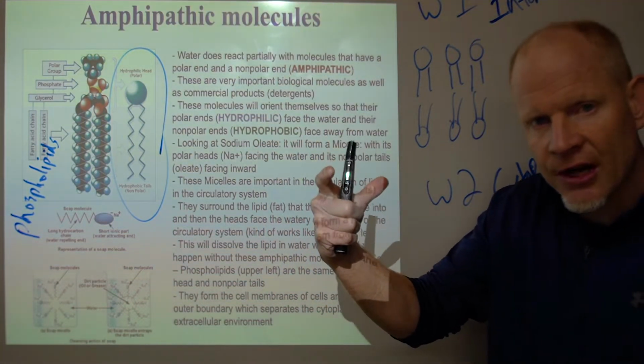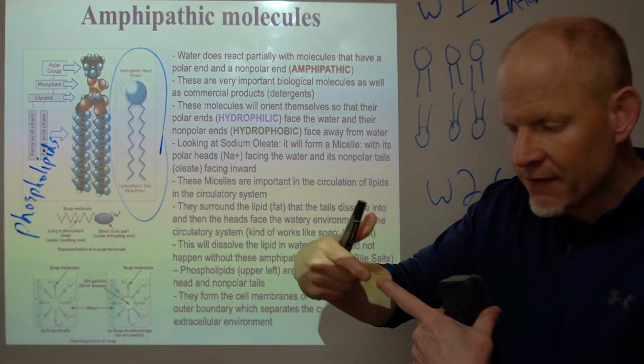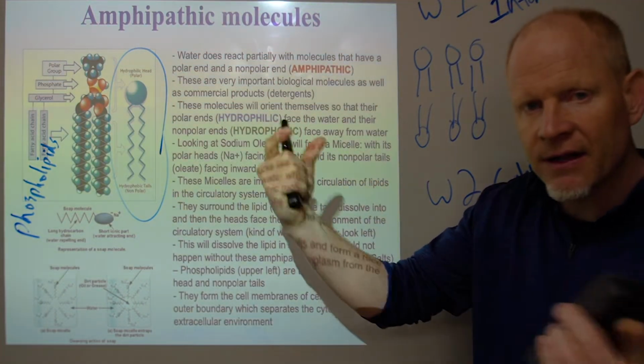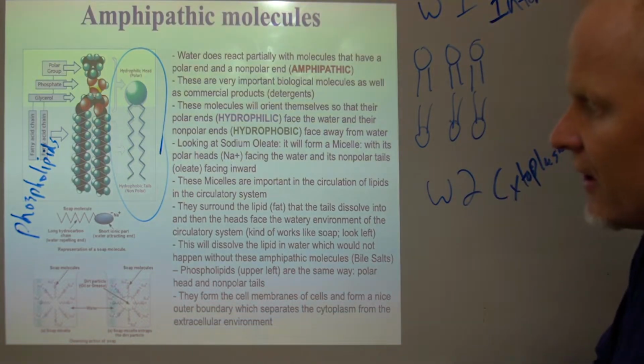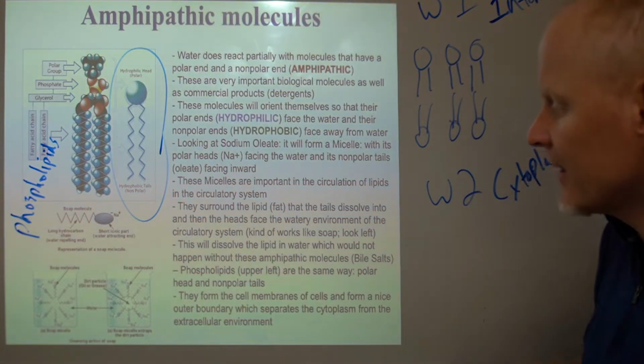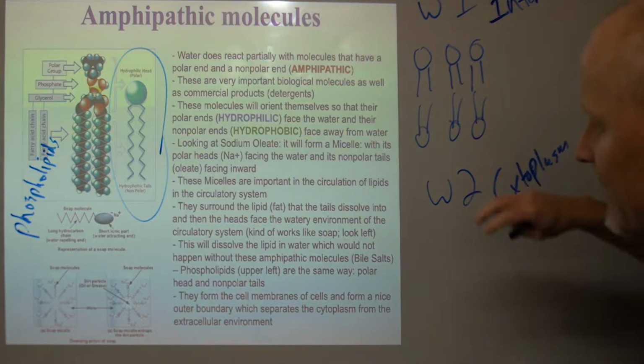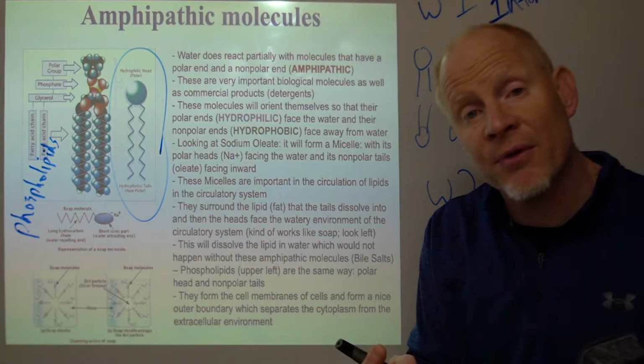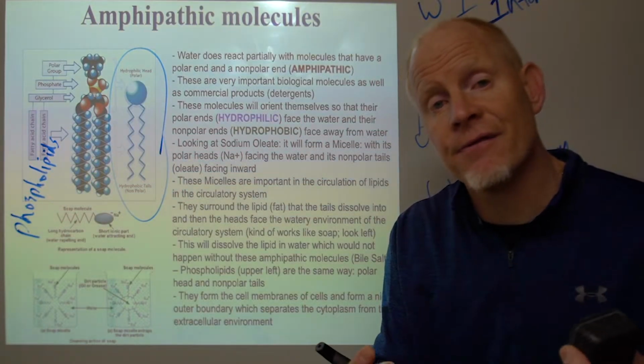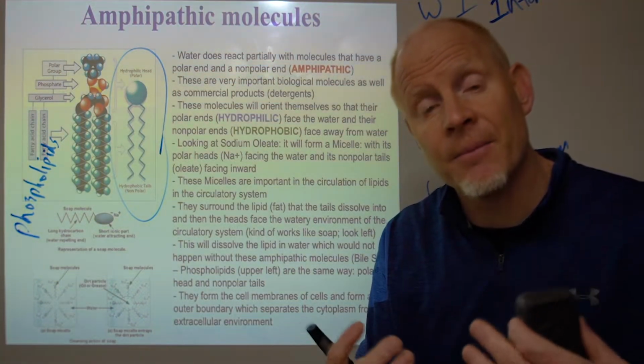And they can face each other, so that the hydrophobic ends touch and the hydrophilic ends stick out. And so you can dissolve part of the molecule in water. And this forms not only the ability to form cell membranes, but it also forms, for example, the ability to carry hydrophobic materials in the blood.